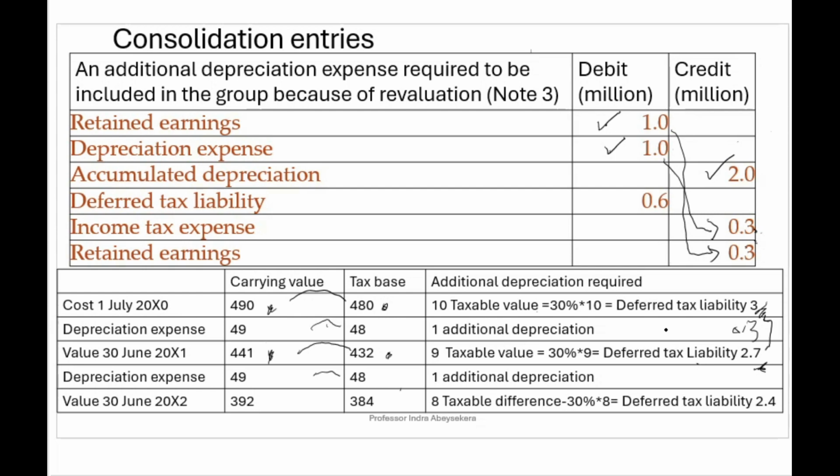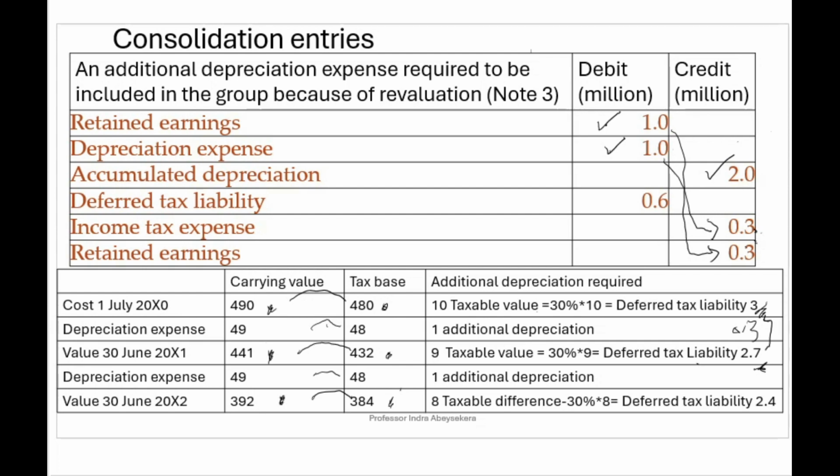And when we look at the carrying amount at X2 year, it is 392, tax base is 384. The difference is 8 taxable difference at 30% tax rate.